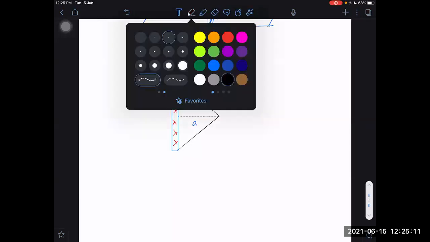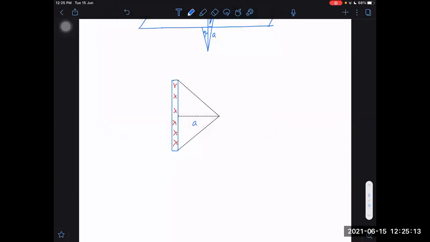What will be the field in this space? These angles are alpha and beta. Current entering into the plane along the minus k cap direction.